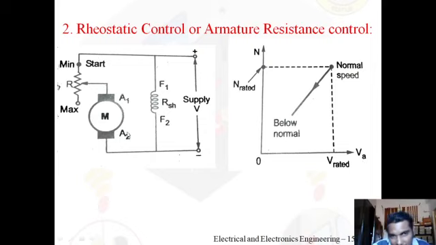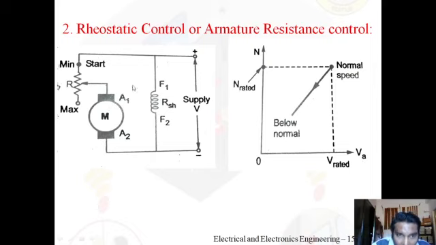EB is equal to V, the supply voltage, minus IRA drop, the drop which takes place in the armature resistance, minus armature reaction drop, ARD, minus brush contact drop. The resultant of those voltages appears across the armature.